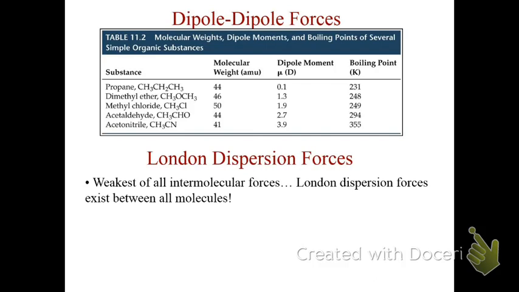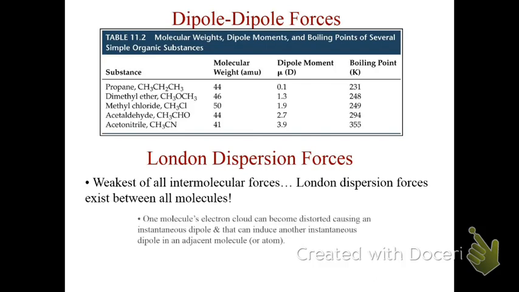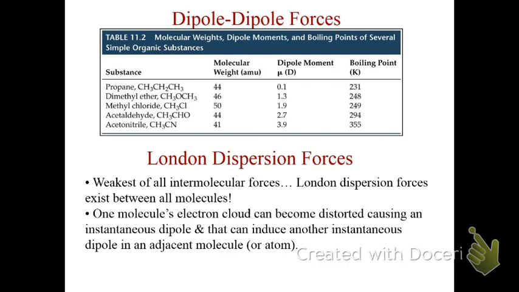Why? Because it's all as a result of the movement of electrons. We'll have a little video clip in class that will help us understand this. Now, one molecule's electron cloud can become distorted, causing an instantaneous dipole. What it's saying is, if I have electrons that are moving around, based on how they move, it's going to change the pole.